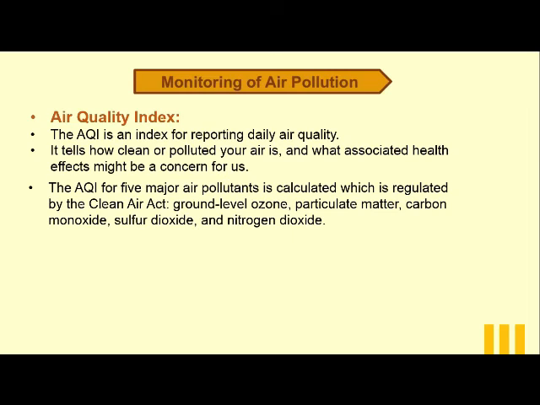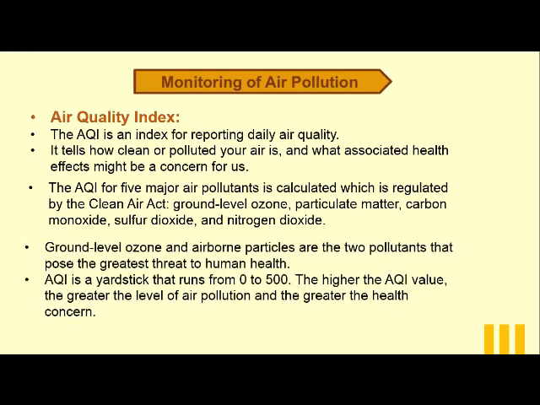These major air pollutants are ground level ozone, particulate matter, carbon monoxide, sulfur dioxide, and nitrogen oxide. Ground level ozone and airborne particles are the two pollutants that pose the greatest threat to human health.